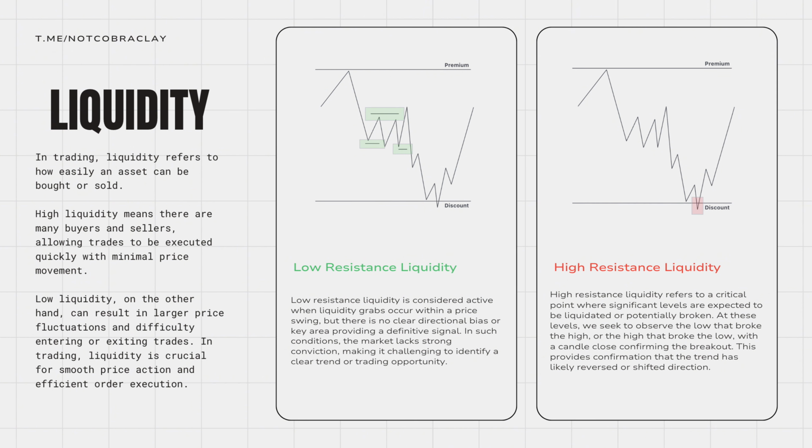Okay, so low resistance liquidity, two nice setups here, is considered active when liquidity grabs occur within a price swing. So you have a premium and a discount area, or just your regular price swing, and liquidity grabs occur within this swing, but there is no clear directional bias or key area providing you a definite signal or a way to look at the market.